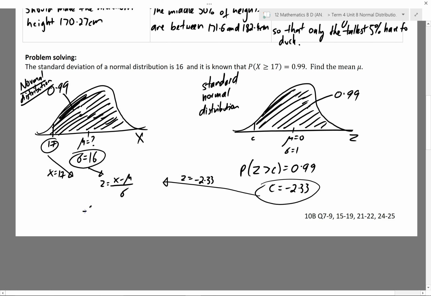I'll have a z value of minus 2.33, x value of 17, and a standard deviation of 16. I should be able to solve this equation and find that the mean is 54.28.